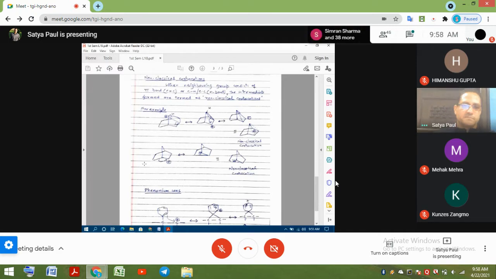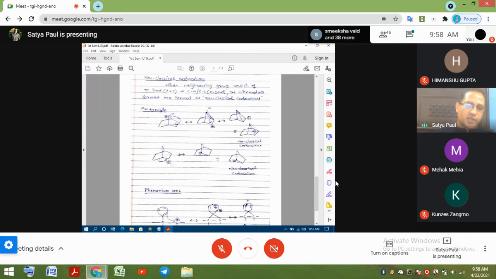Then we have, draw this one. Now we go to the second example, where there is no double bond but there is a positive charge on this carbon, meaning some leaving group is here.